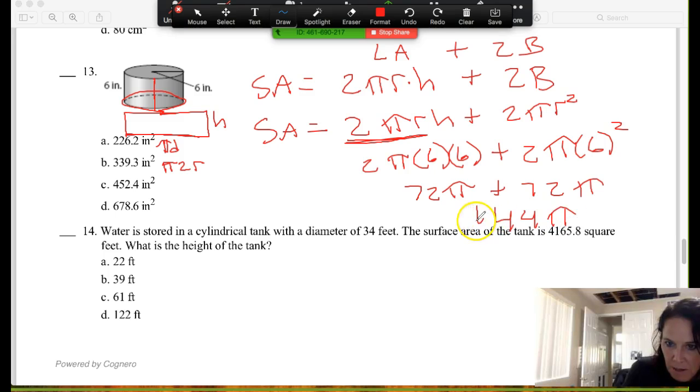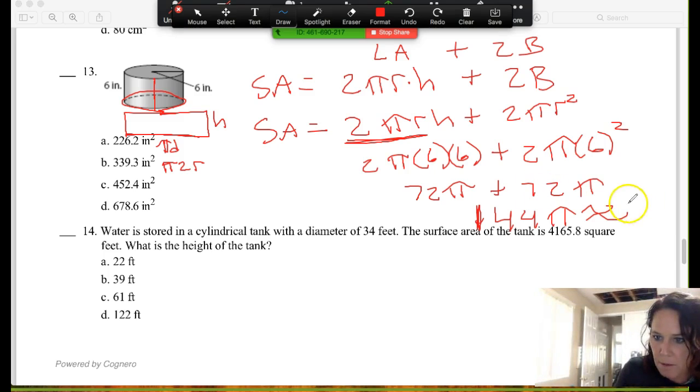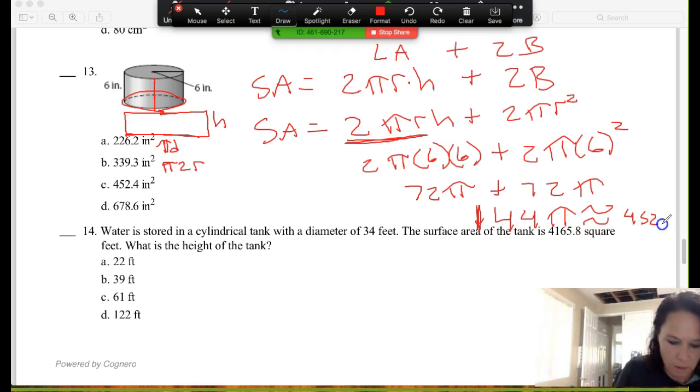And then, sorry, so it's not in terms of pi. I'm going to multiply 144 times pi, and you get about 452. That is ugly. 452.38. You could round to 452.4.